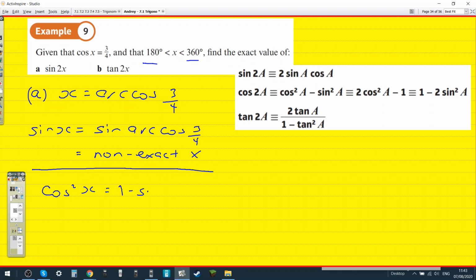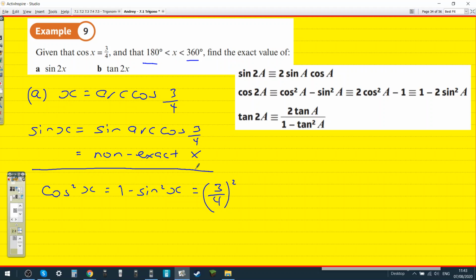It's equal to 1 minus sine squared x. And in this question, what else is cos squared x equal to? 3/4 squared. Yep. So I need to do 3/4 squared equals 1 minus sine squared x.